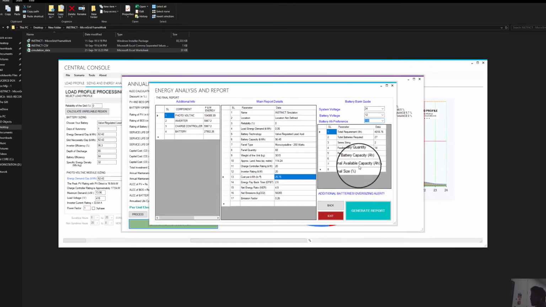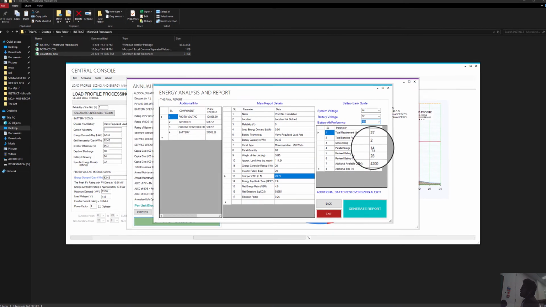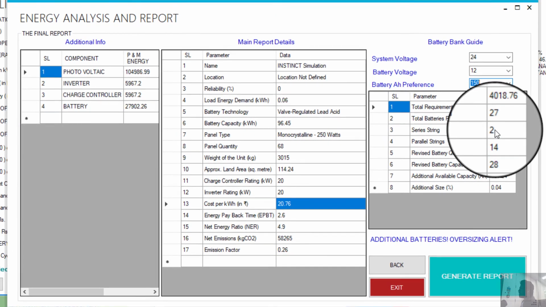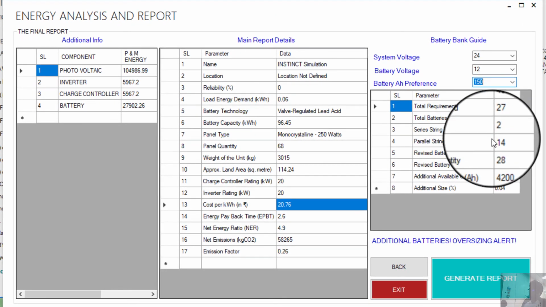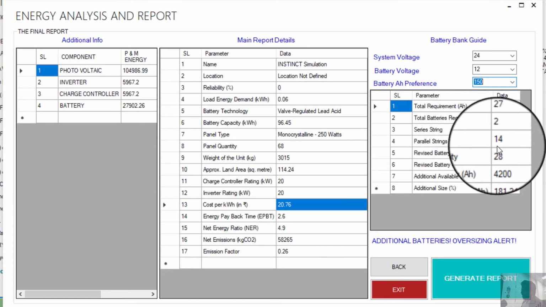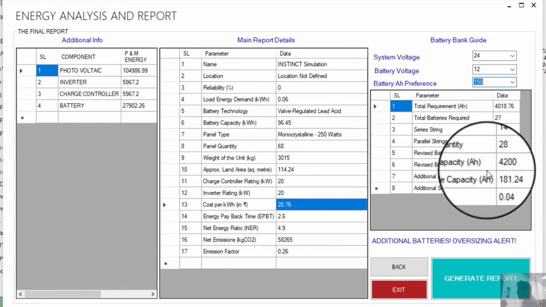So you get the information that 27 batteries are required, but there is a problem. If this is 27 batteries, we have 2 in series and we need around 14 in parallel. That means we need one more battery to complete the string. So this is the revised battery capacity, that is 28. We need to buy 28 batteries.